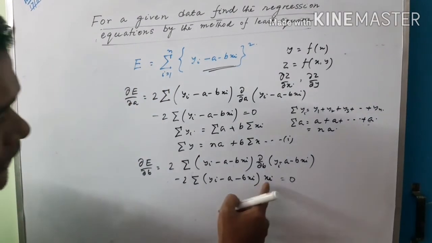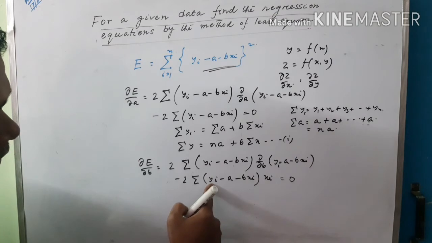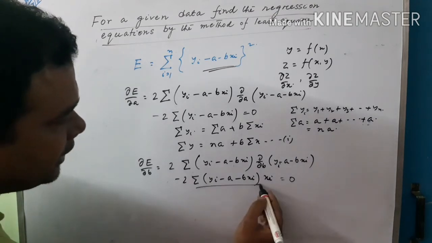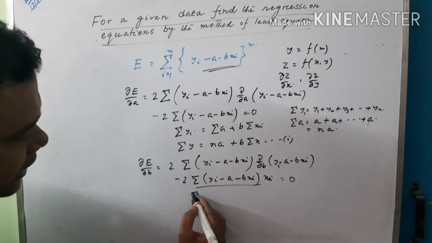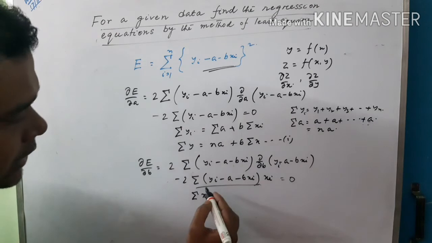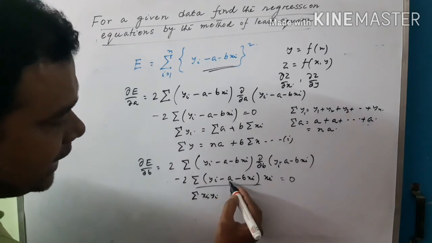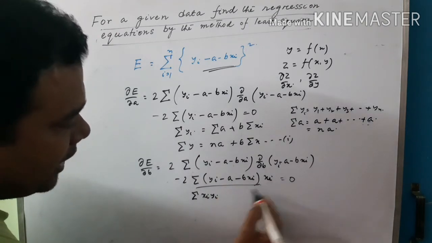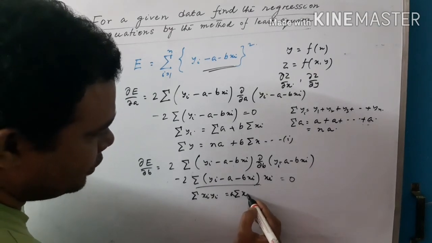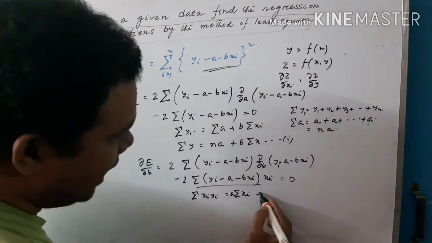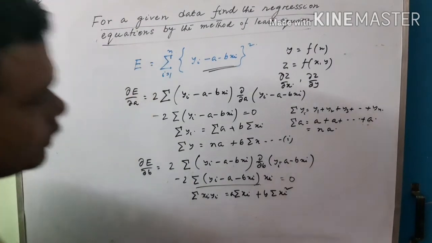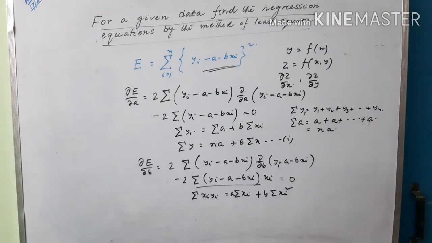So we can write, dividing by minus 2, only this quantity is 0: xi into yi. Now this one is sigma xi yi, this one is a into sigma xi, which I am writing on the RHS, plus b into sigma xi whole square. Clear?